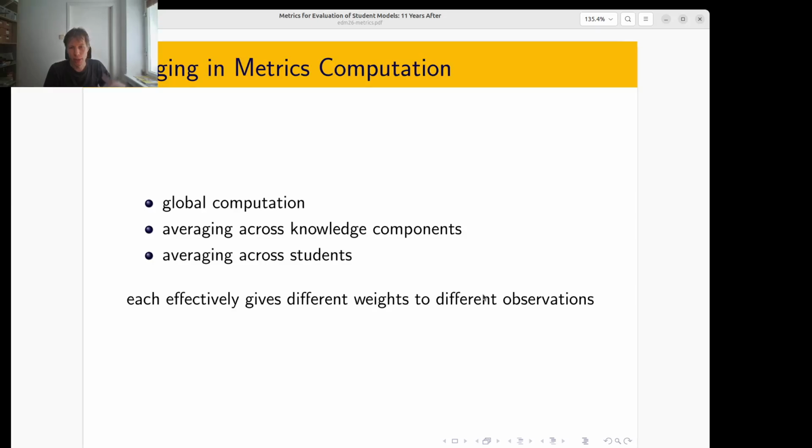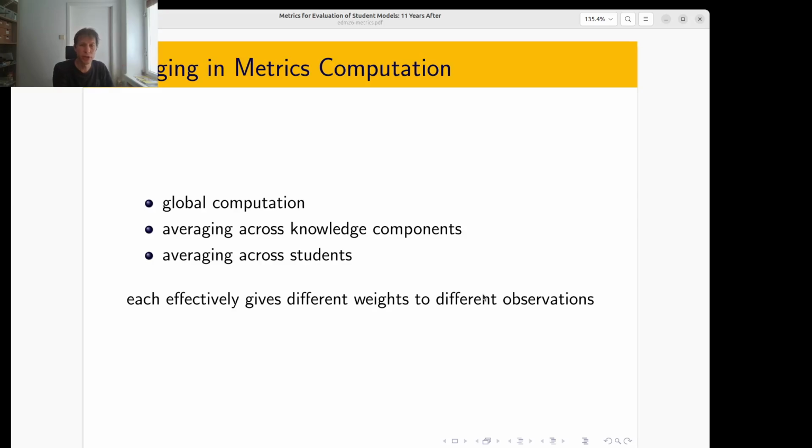But we can also pick individual students, compute root mean square error for the predictions for each individual student, and then average these. Or we can take a knowledge component, take all predictions for this knowledge component, compute root mean square error for it, and then compute the average across knowledge components.